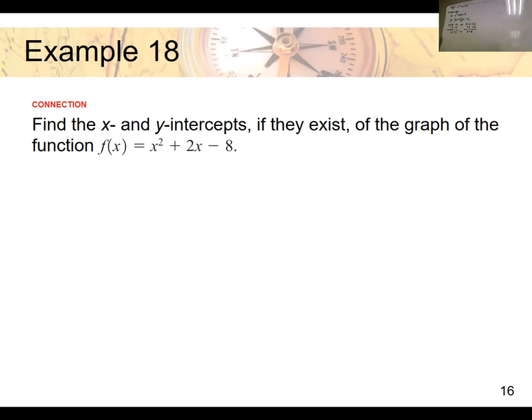That means that the graph of that particular function crosses the x-axis at -4 and +2. Sometimes they write the x-intercepts as ordered pairs: (-4, 0) and (2, 0), because we let f of x equal 0.